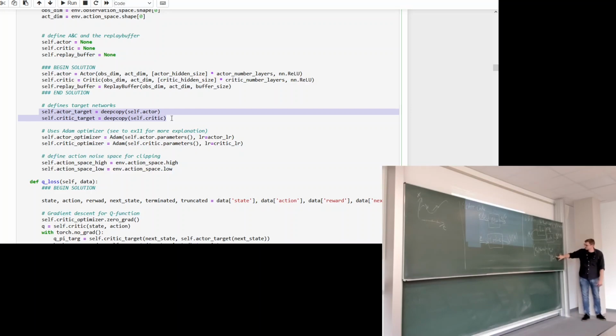Because even if I only calculate the gradient concerning this, the update will also affect this. Not the gradient, but the update will. So what I will get is still a moving lighthouse.